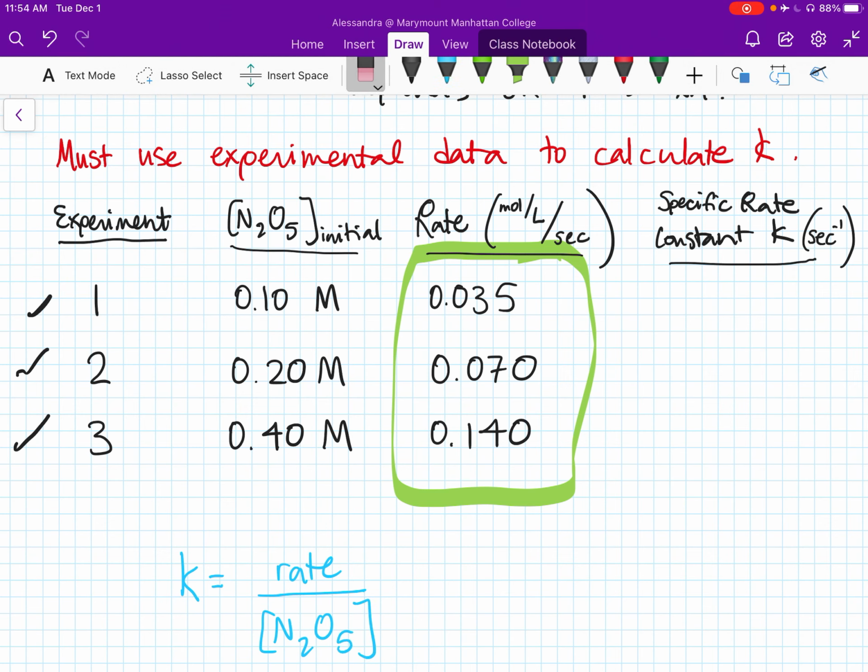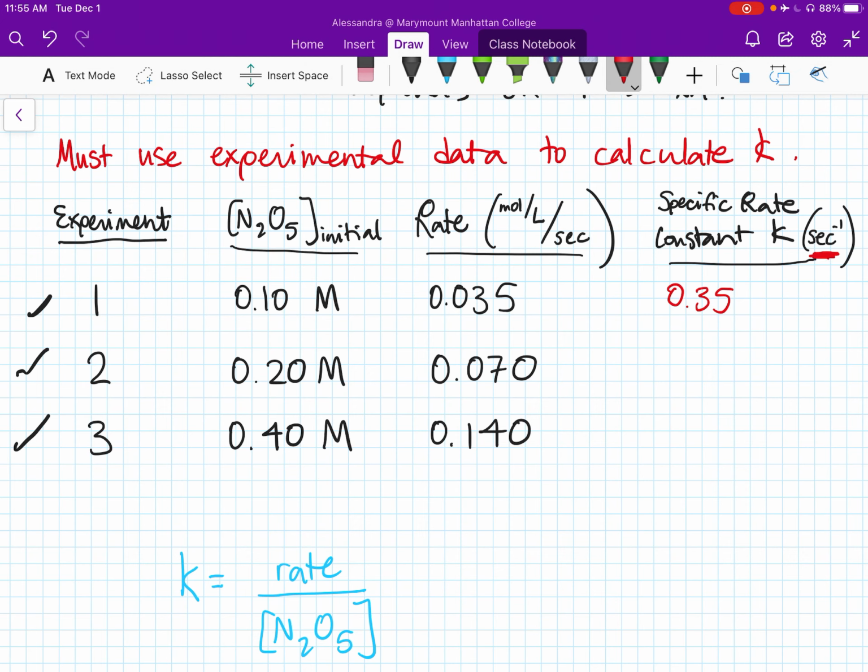And if you do that in each of these instances, you can fill in the values for the specific rate constant. So 0.035 divided by 0.1 is going to be 0.35. And the units here are seconds to the -1 because the concentration units cancel.